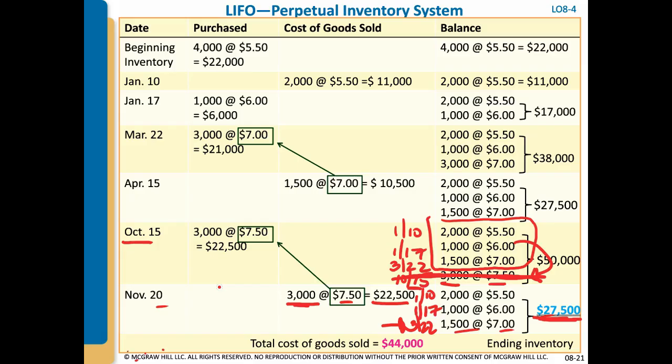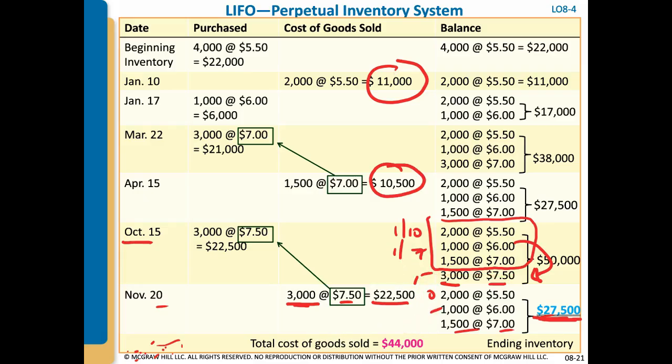Okay, doesn't matter. My cost of goods sold is going to be this 11,000 plus 10,500 plus, let's erase all these things so we don't get confused with all our markings, plus the 22,500, which gives me cost of goods sold of $44,000.